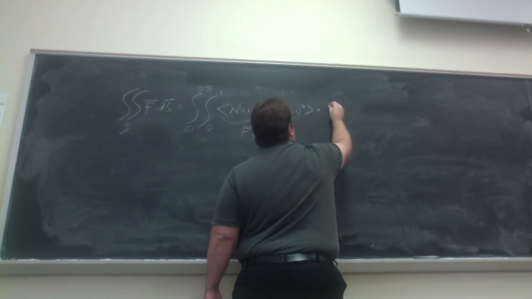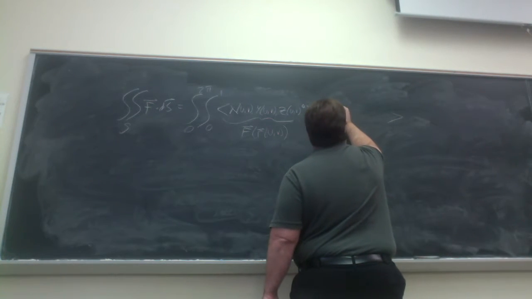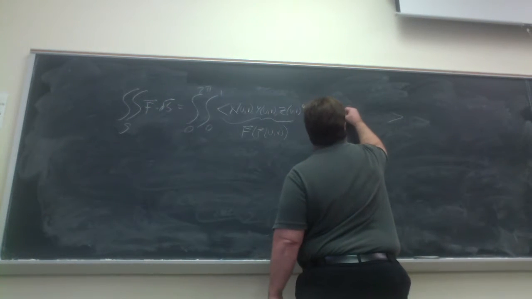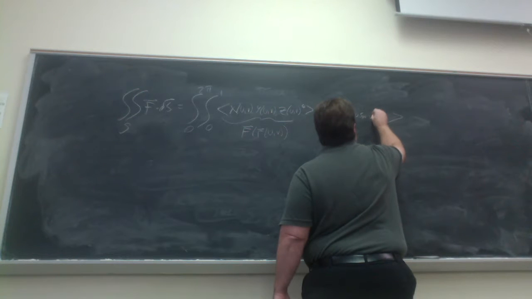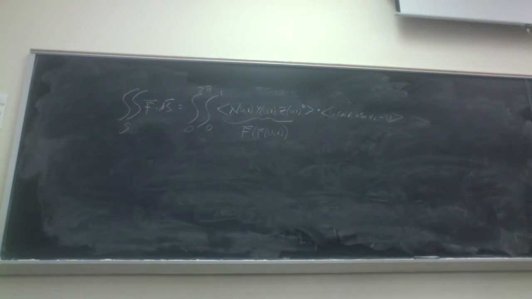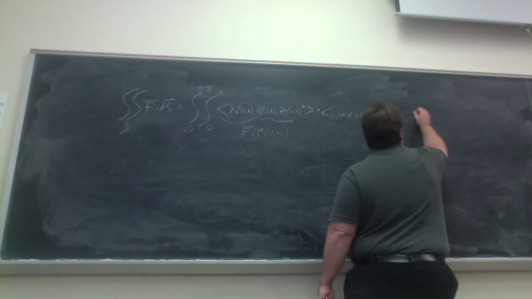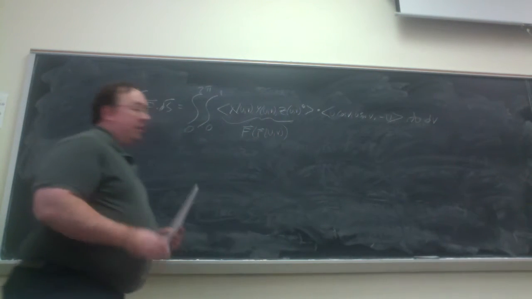Dot product with the normal vector, and so that'd be u cosine v, u sine v, minus u for downward orientation, du dv.